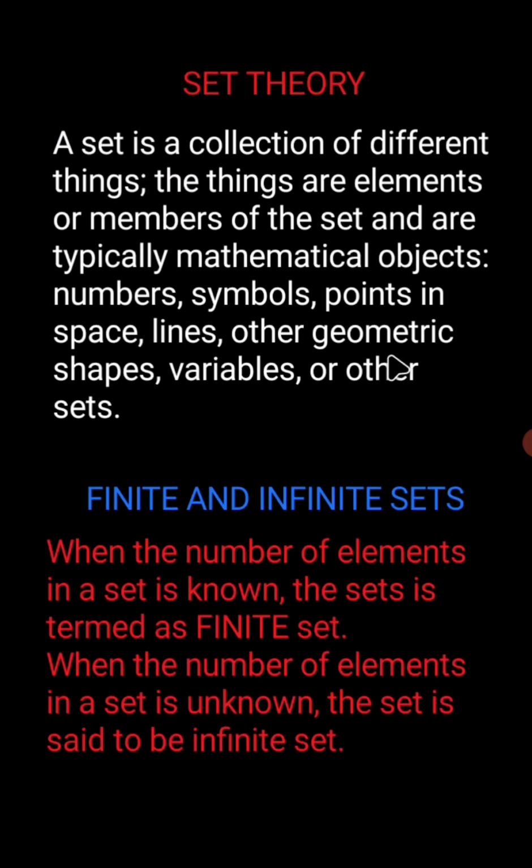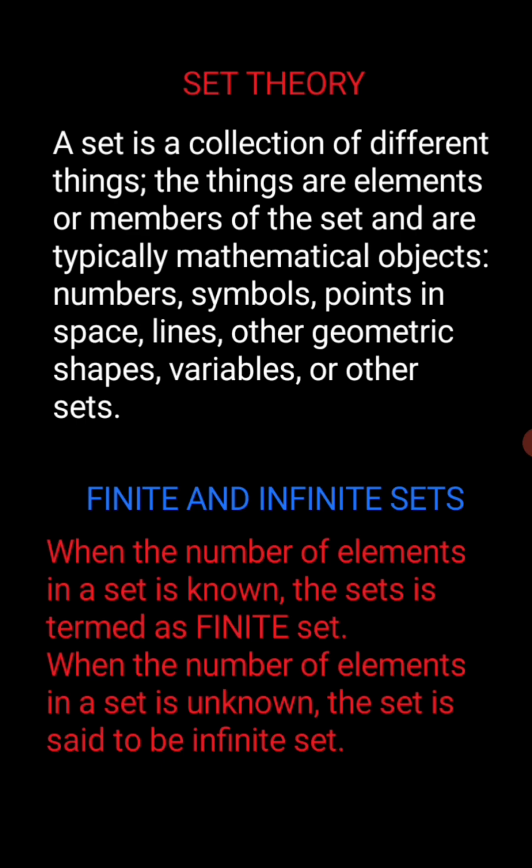Let's go again. Then we have the infinite set. When the number of elements in a set is unknown, the set is said to be infinite. When we say infinite set, the number of elements inside this particular set is unknown, meaning it's not something we can deduce.